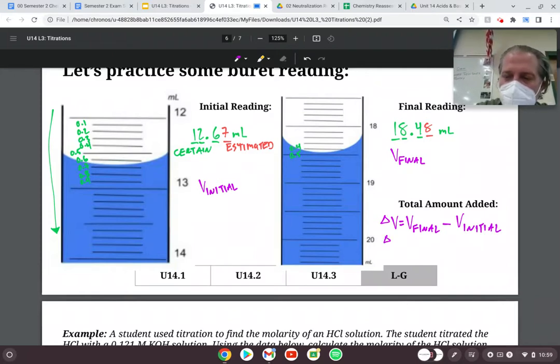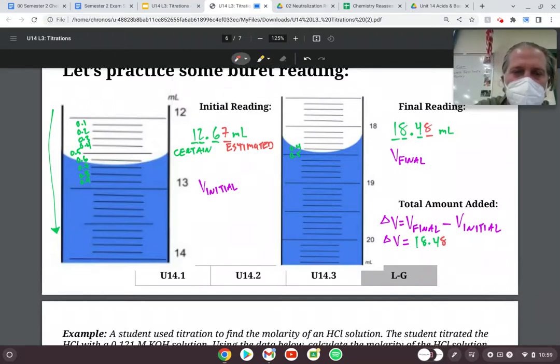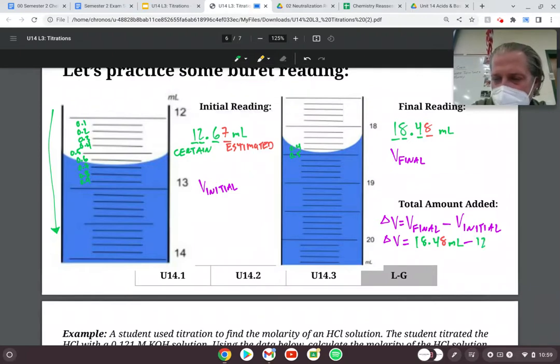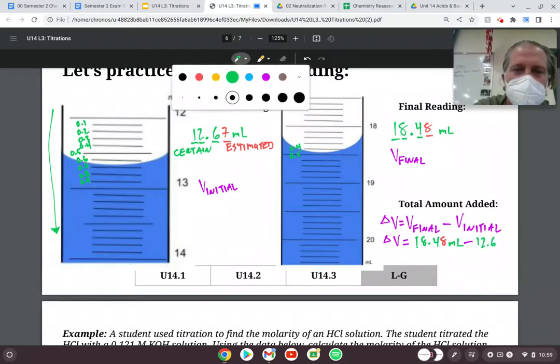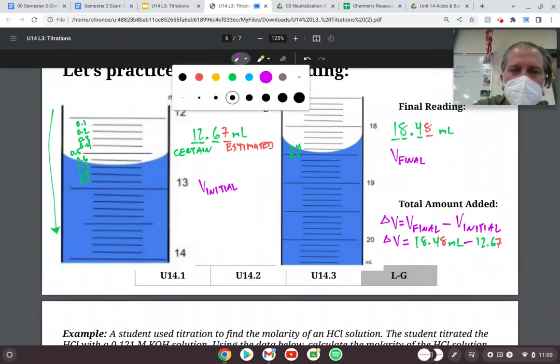And so in this example here, I'm going to take the 18.48 milliliters minus the 12.67 milliliters.